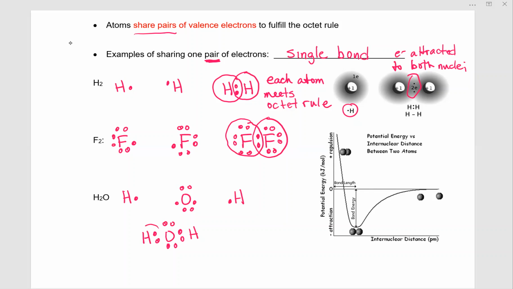And if we draw the Venn diagram, notice that each atom meets the octet rule. So in order to meet the octet rule, or the duet rule if you're hydrogen, the atoms are going to be sharing electrons. And it's especially important to note that they share pairs of electrons.